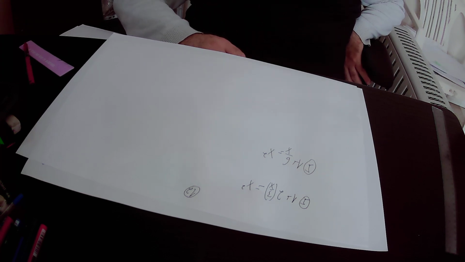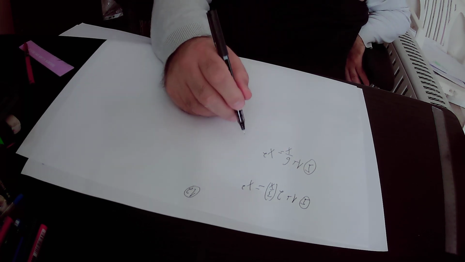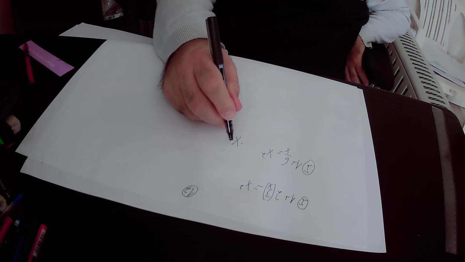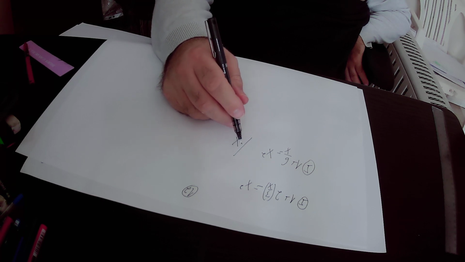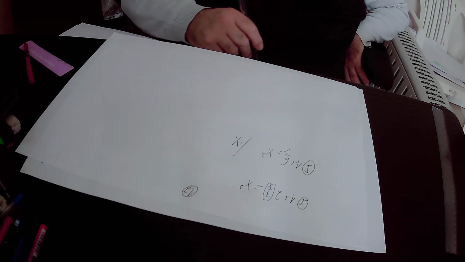So here we will multiply equation number 1 by x. Actually, why can we multiply the equation by x? Maybe x is 0, and if x is 0, it is not allowable to multiply anything by 0.